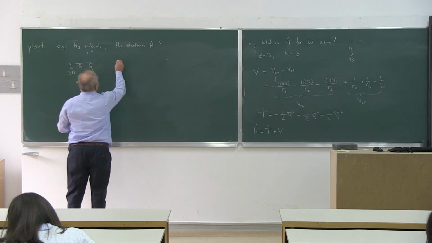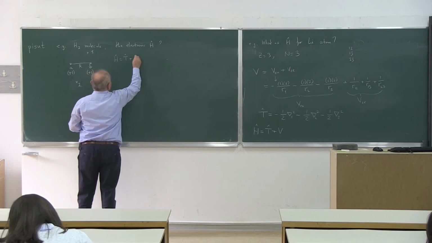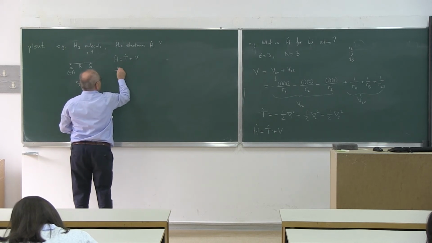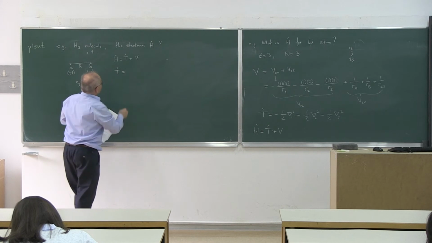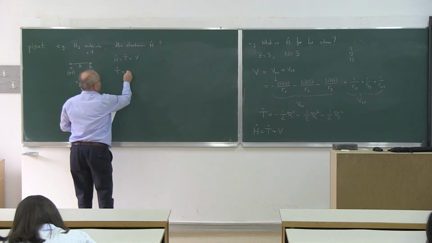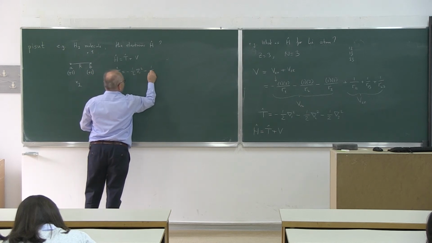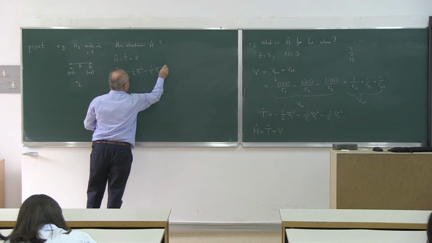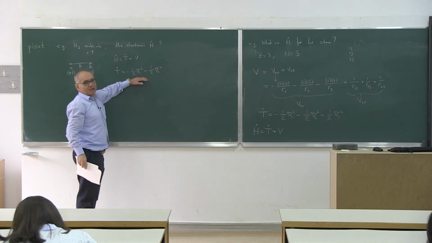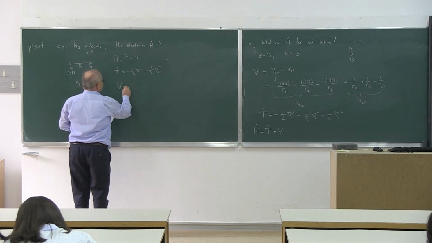So here, the Hamiltonian is kinetic plus potential energy. Let us write kinetic energy. First, we have just 2 electrons, minus 1/2 for each. This is the total kinetic energy of the electrons, explicitly. All right? What about potential energy?